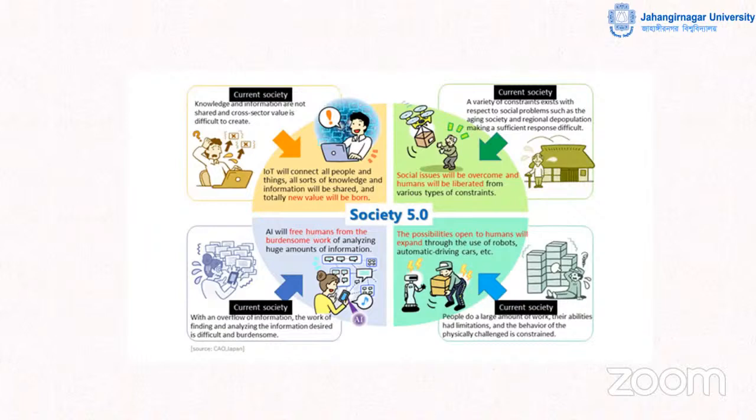Because there is a limit to what people can do, the task of finding the necessary information from overflowing information and analyzing it was a burden, and the level and scope of action were restricted due to age and varying degrees of ability. Due to various restrictions on these issues, such as decreasing birth rate, aging population and local depopulation, it was difficult to respond adequately.